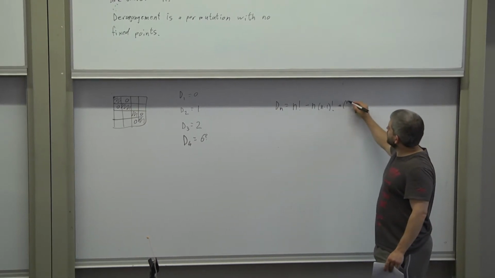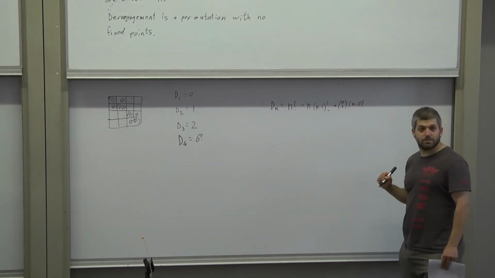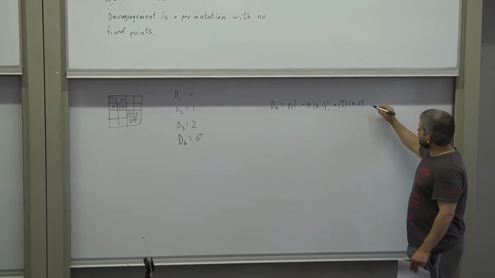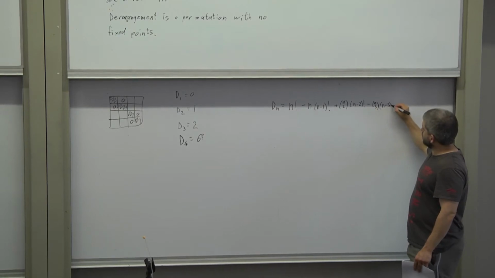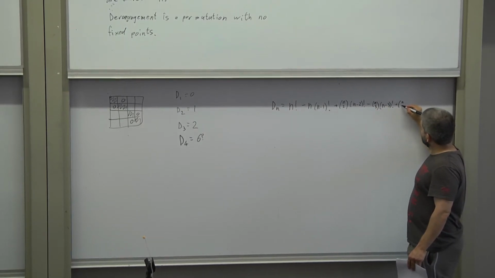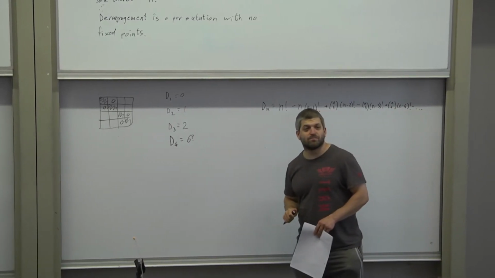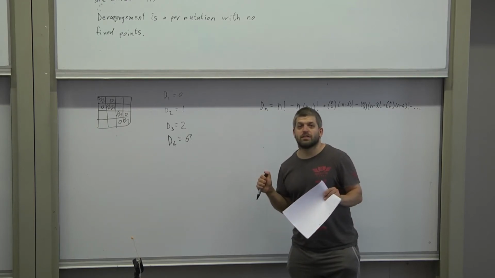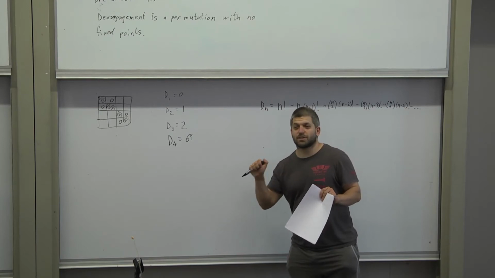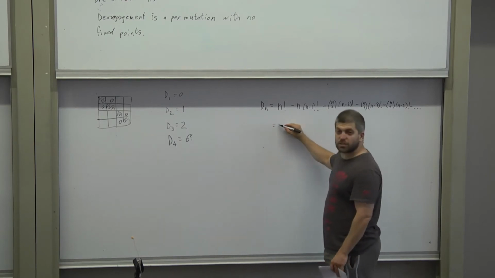Plus n choose 2 times n minus 2 factorial, then minus n choose 3 times n minus 3 factorial, plus n choose 4 times n minus 4 factorial, minus dot dot dot, all the way up to n. And this is inclusion-exclusion. Are you comfortable with this? Slower, faster, just the right speed? Okay, everything's perfect, great.